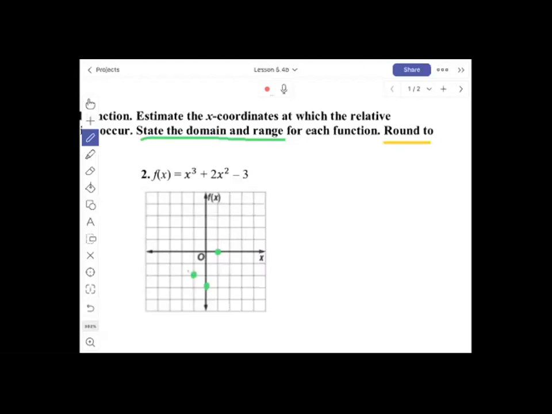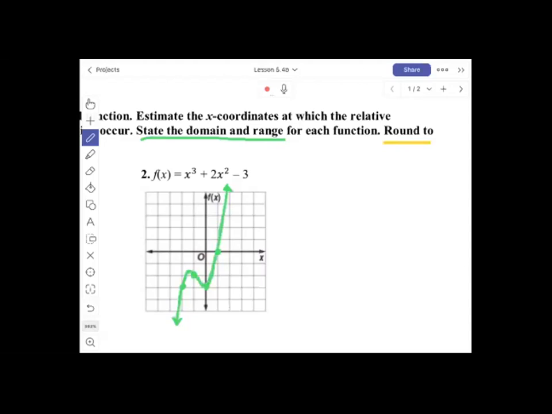The relative max next to that up here, and then another one right here at -2, -3. Okay, so my graph ended up looking kind of like that. Rough sketch.